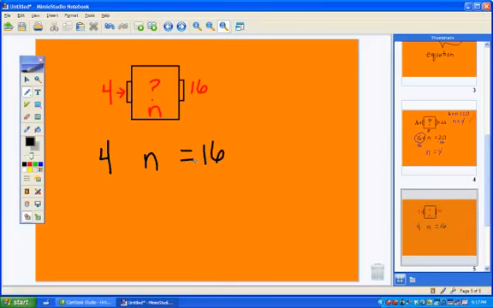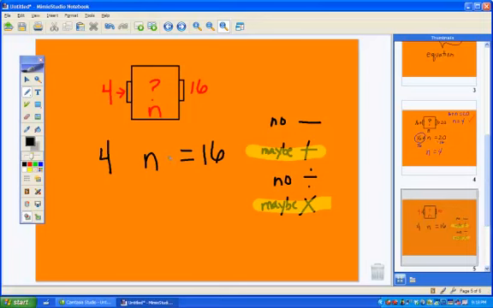Alright, let's think. 4 minus a number, there's no way it's going to be 16, so subtraction is out. 4 plus a number could possibly result in 16, so maybe. 4 divided by a number, there's no way it's going to equal 16. And 4 times a number, maybe could equal 16. So we're down to multiplication or addition.